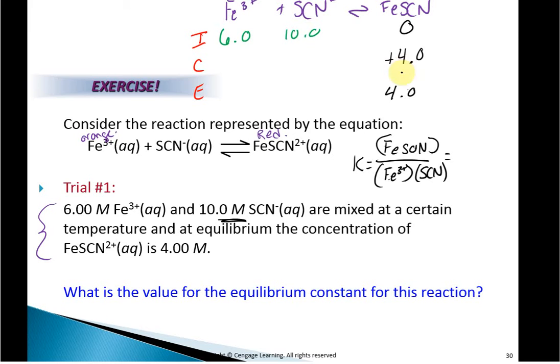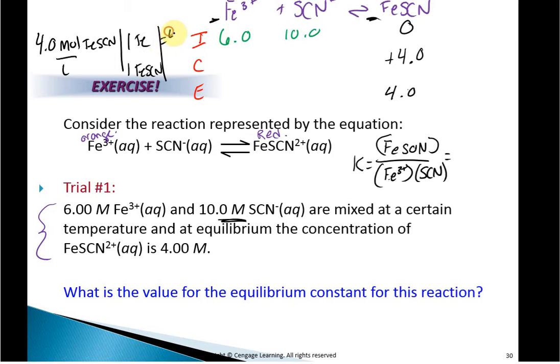Now, here, we added 4 moles of FeSCN. 4.0 moles per liter FeSCN. We know, according to this reaction, if we have 1 FeSCN being made, we had to use 1 Fe, right?